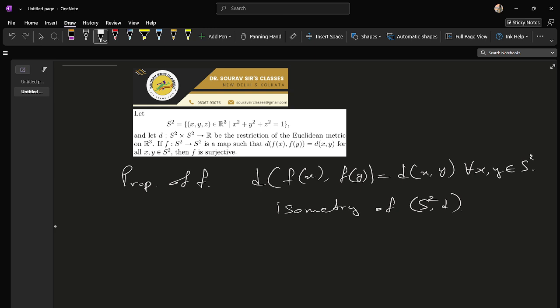Isometries on S2 include rotation, reflection, and the identity map.